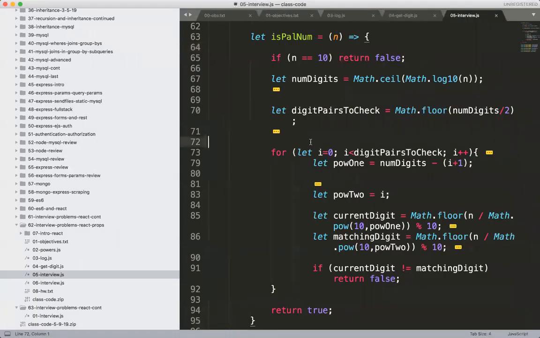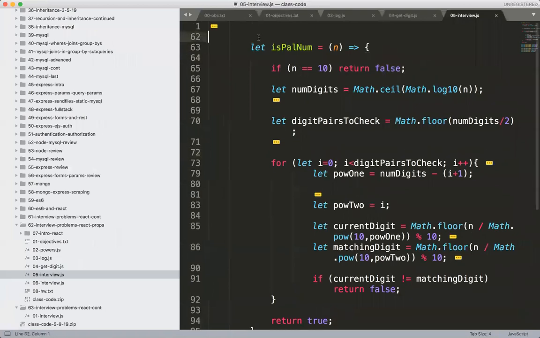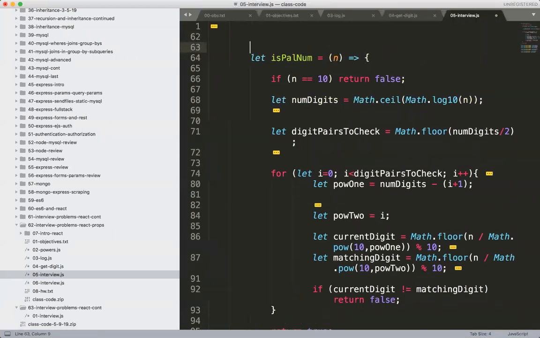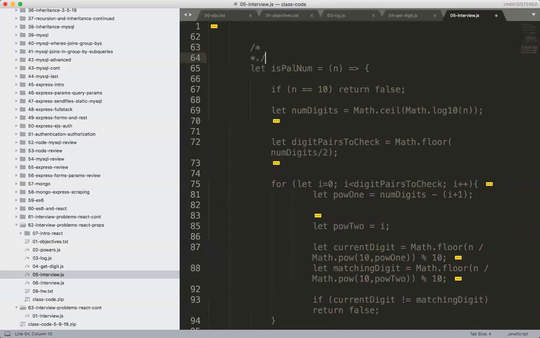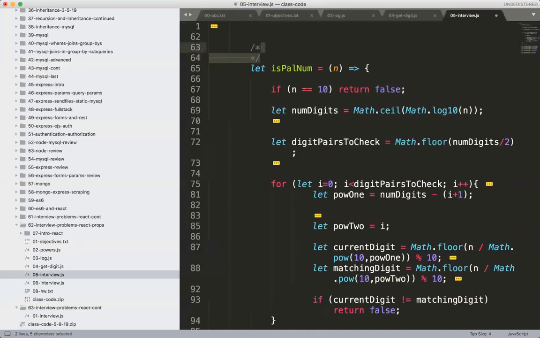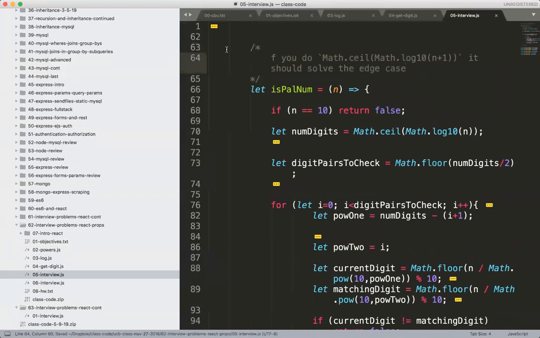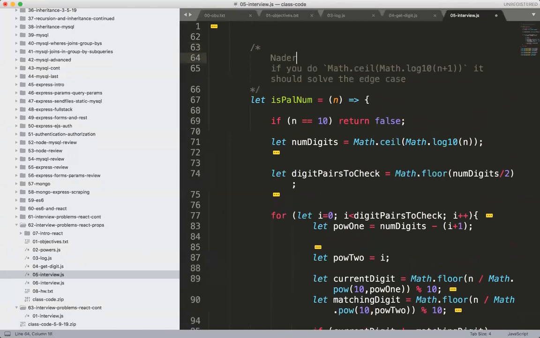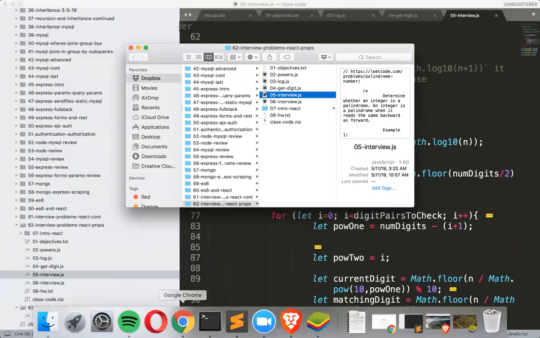Crushing it. I'll put this in the file too. I'll give you credit. You'll be in this file forever, Nadir. And in my Dropbox.